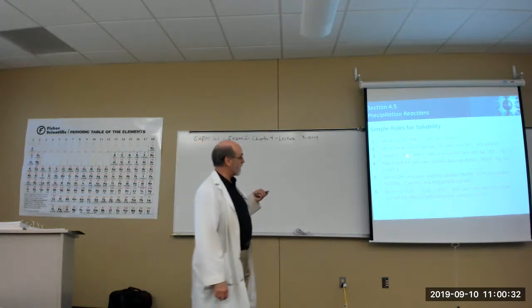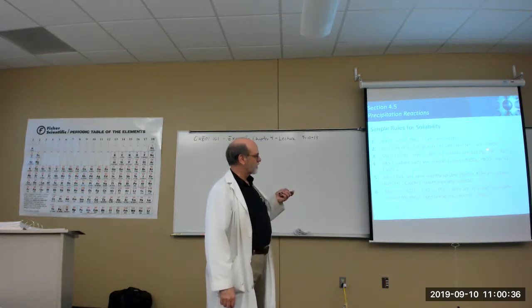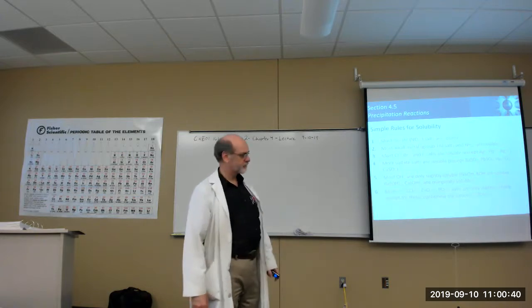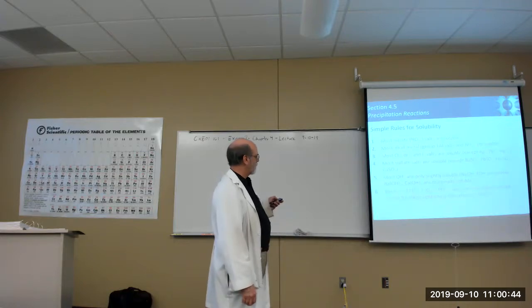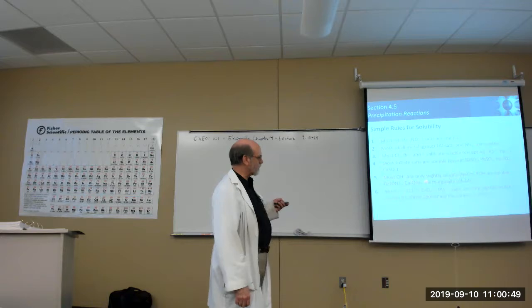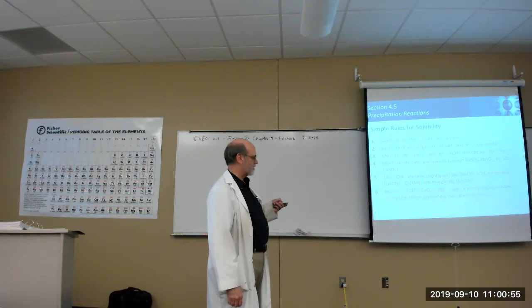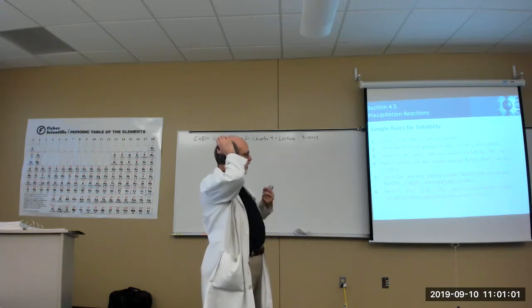Most chlorides, bromides, and iodides are soluble except for silver, lead 2+, and mercury 2+. Skip that, we've done this one. Most hydroxides are only slightly soluble, except for sodium hydroxide and potassium hydroxide. Barium hydroxide and calcium hydroxide are marginally soluble.